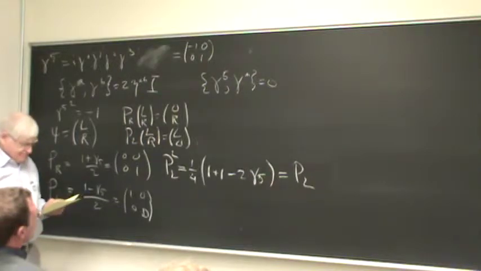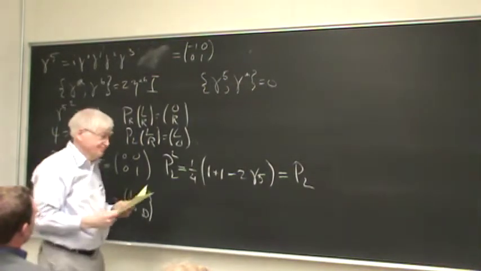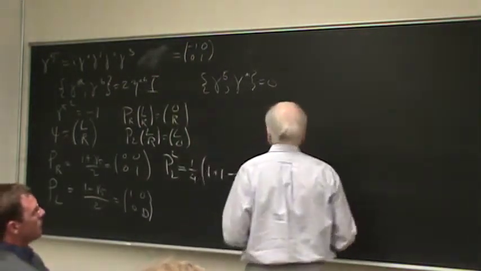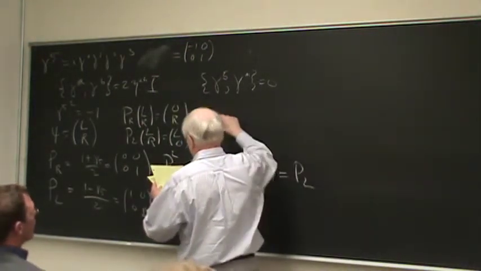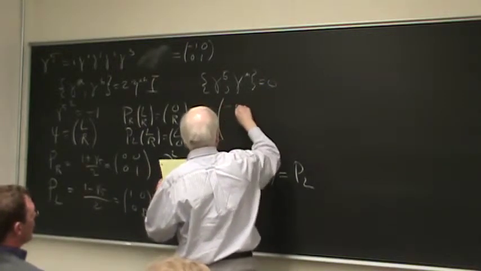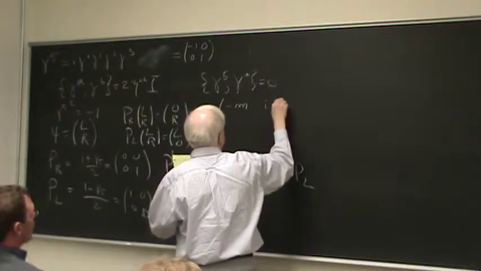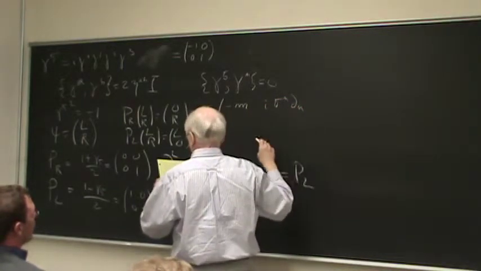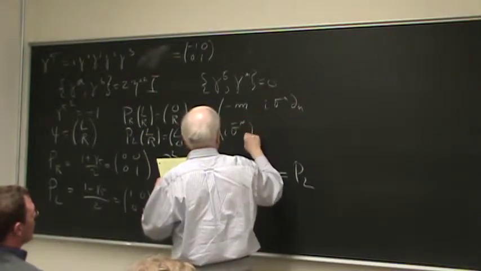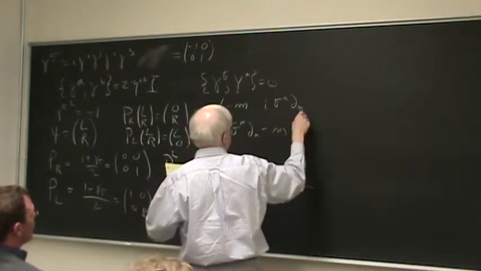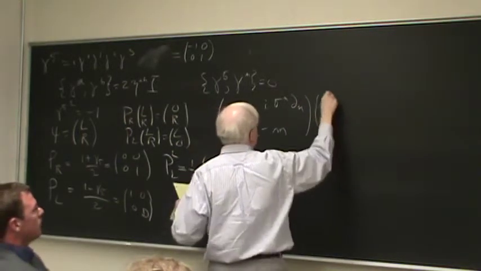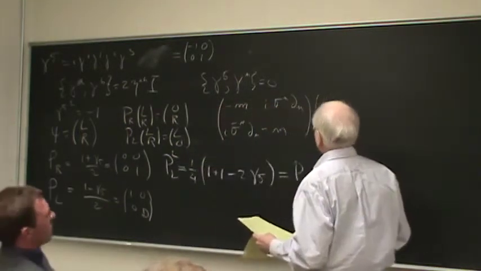All right. Now the equations. Oh, the clock is still screwed up. The equations. Dirac's equation then is this. It's minus m, I sigma mu d mu, I sigma bar mu d mu, minus m, on, let us say, L R because it's easier to write.